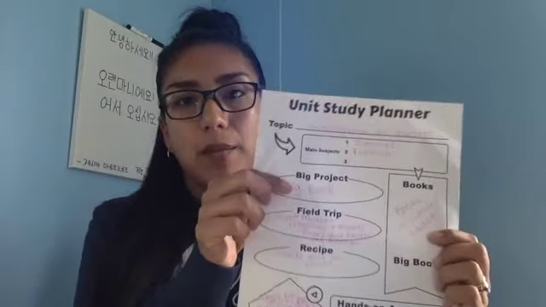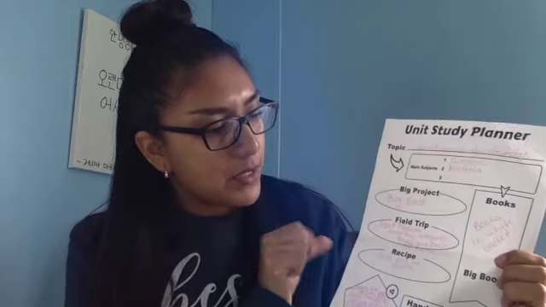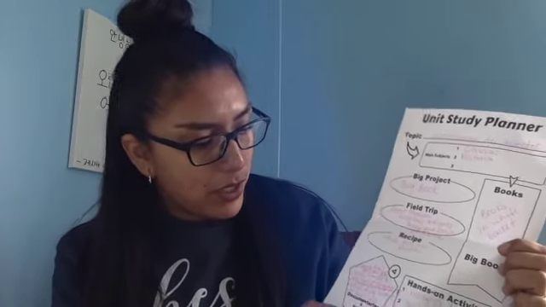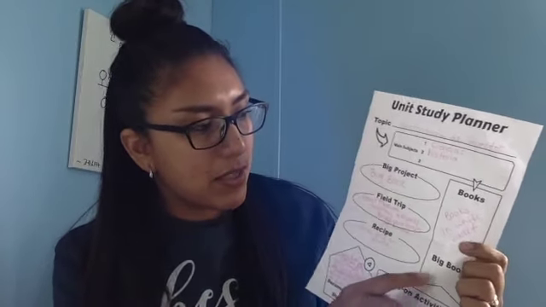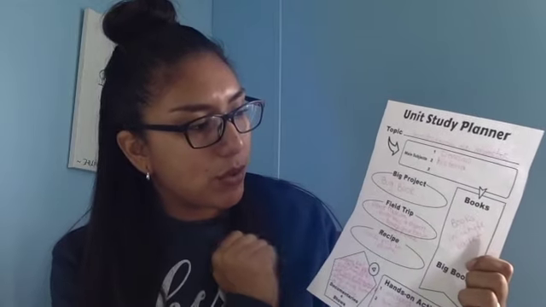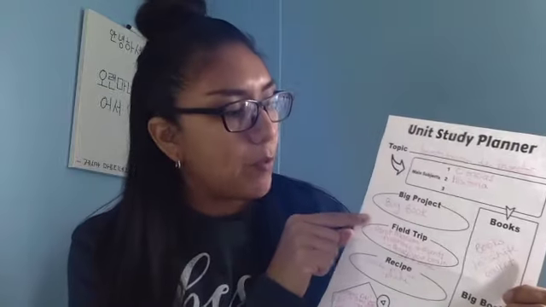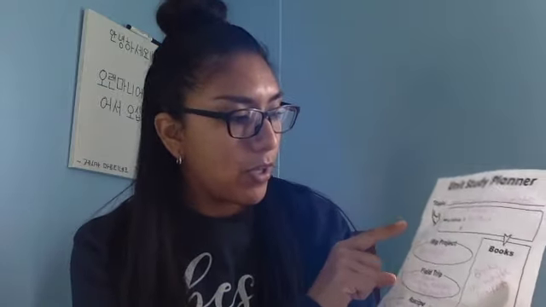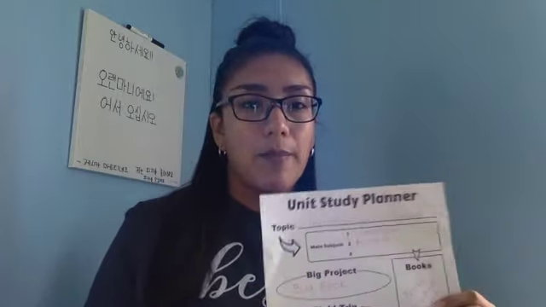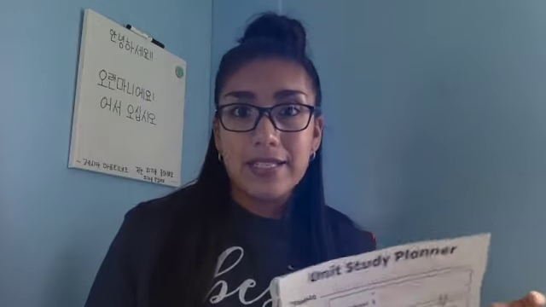So it has a big project. It has field trips, recipes, documentaries and shows, hands-on activities, books or big book. So right here, our big project will be a bug book, but I also thought about doing an insect collection.